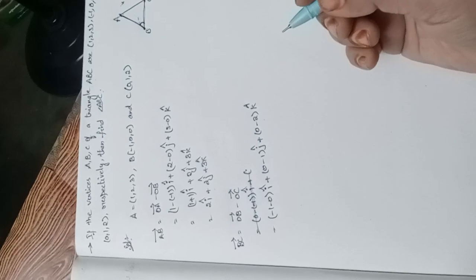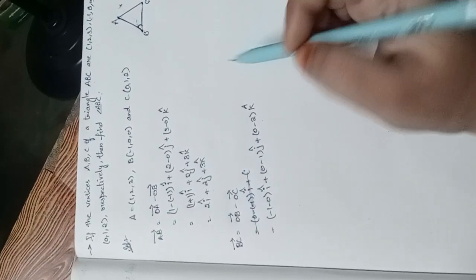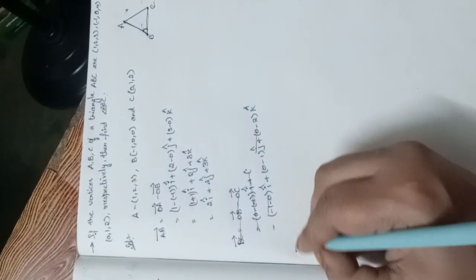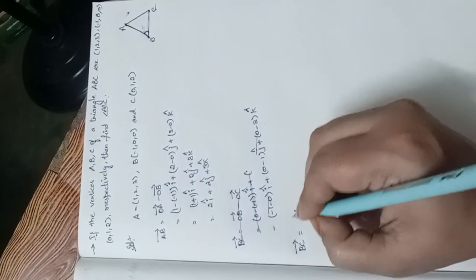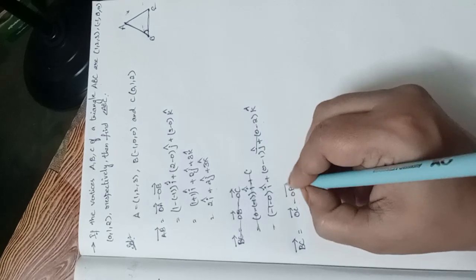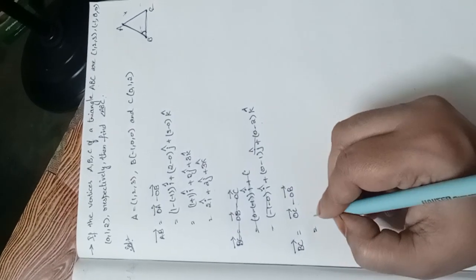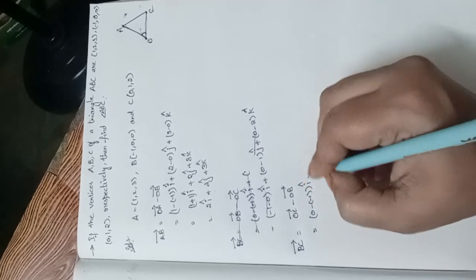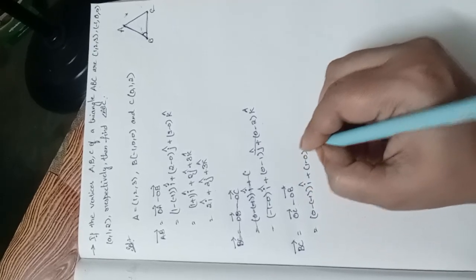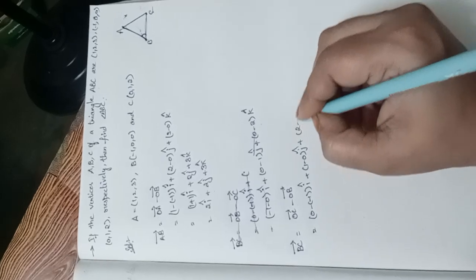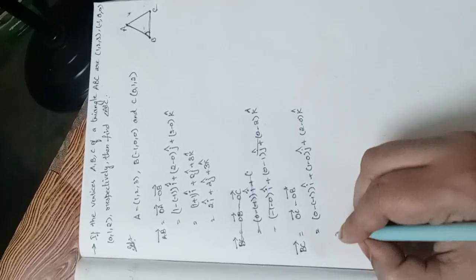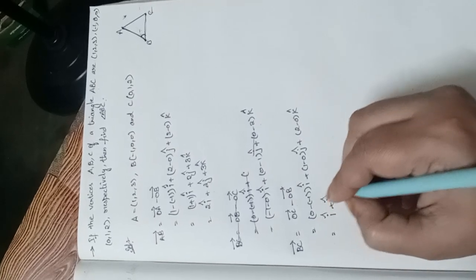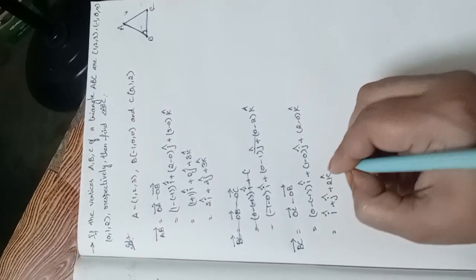Here we have to subtract bigger from the smaller, so let us do OC minus OB. OC means 0 minus of minus 1 I cap plus 1 minus 0 J cap plus 2 minus 0 K cap, which is equals to I cap plus J cap plus 2 K cap.